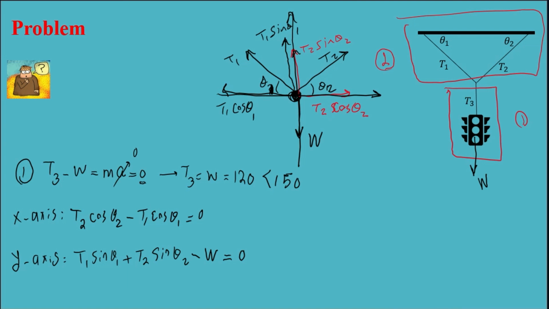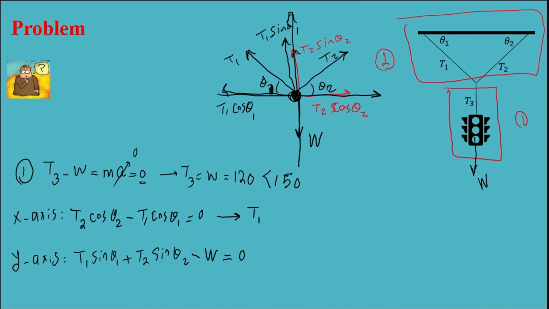The way you can solve this type of problem is by finding one unknown value from one equation and then substituting it in the other equation. Let me show you what I mean. So here I'm going to find T1.